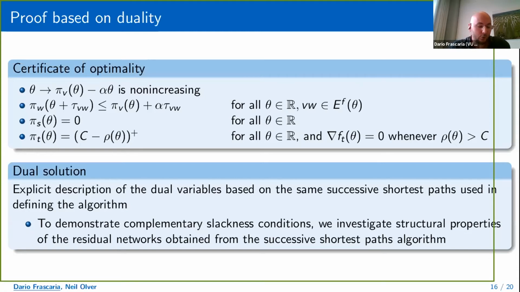So basically we can compute the dual variables without having to solve the dual LP. And this description is based on the same successive shortest path used in the algorithm. And also to show that these dual variables satisfy this condition, we have to investigate some structural properties of the residual graphs.